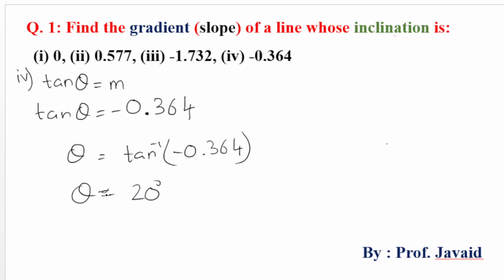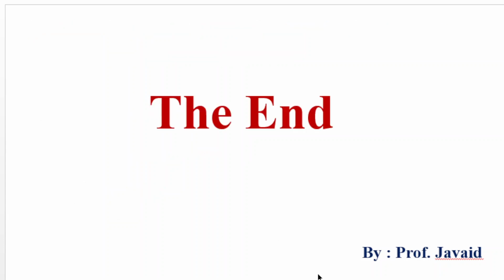So the inclination is approximately 20 degree. I hope you understand this question. So this is basically the second question. In case of any problem, you can ask me, or you can just write in the comment section. I can explain it again. So until the next lecture, take care. Allah Hafiz.